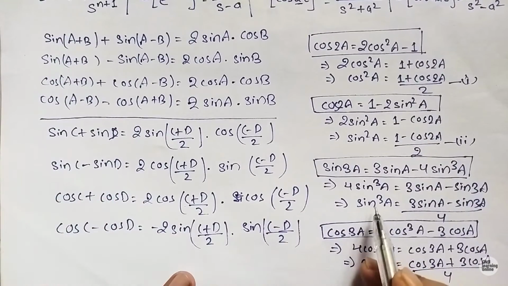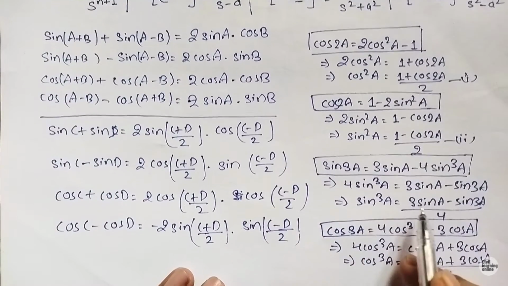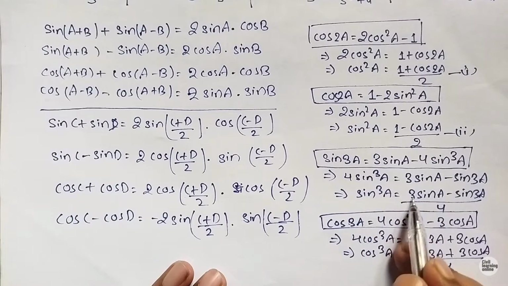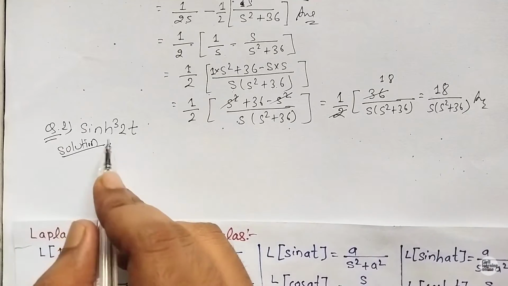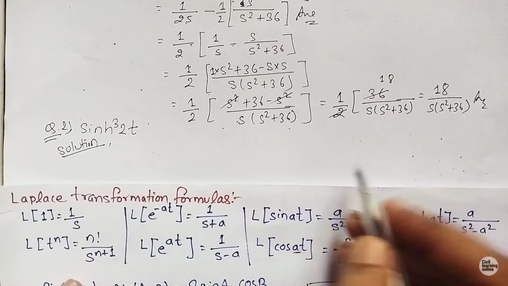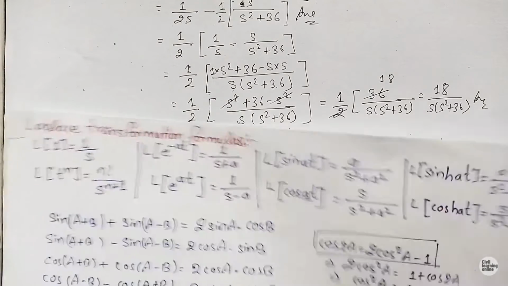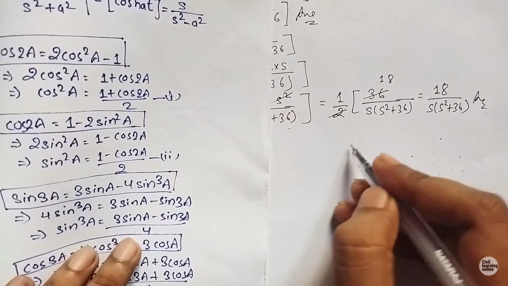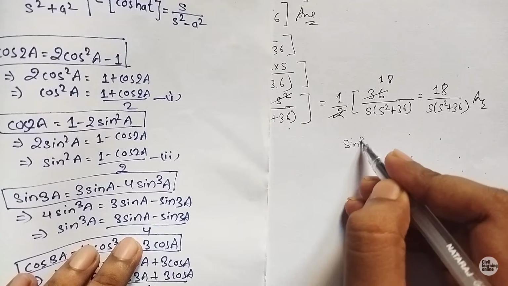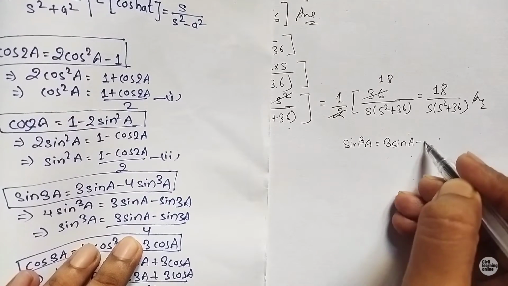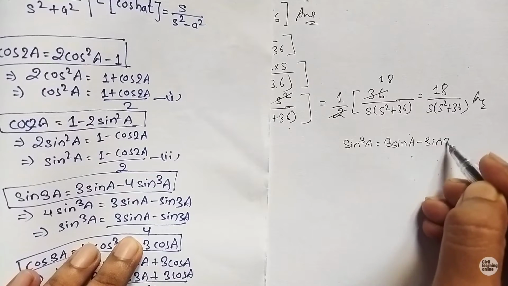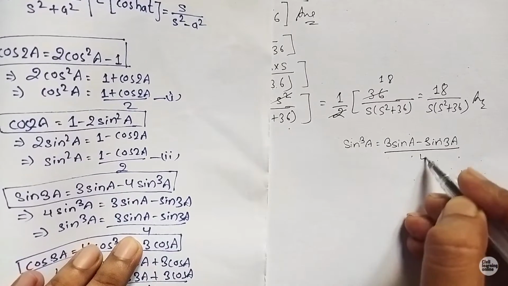See here we have the formula in the form of cube, that is sine cube a equals 3 sine a minus sine 3a upon 4. So here hyperbolic cube 2t is going to be, let me show you, sine cube a equals 3 sine a minus sine 3a upon 4.